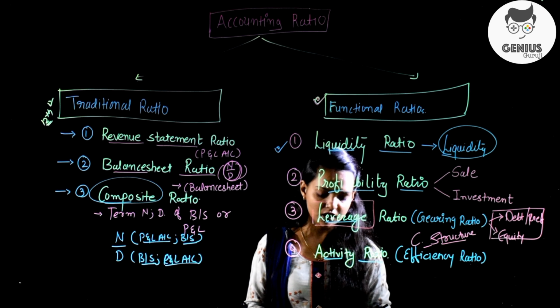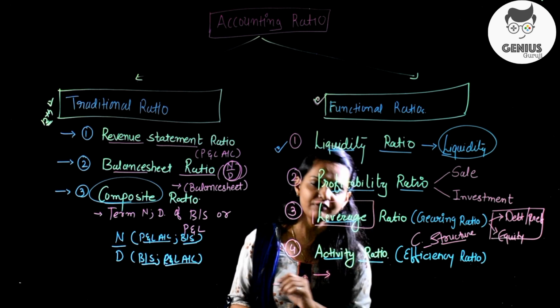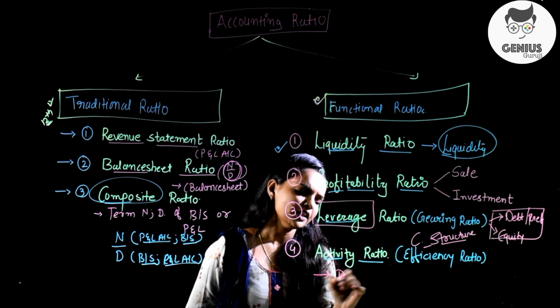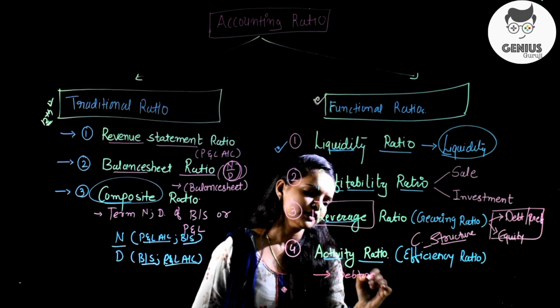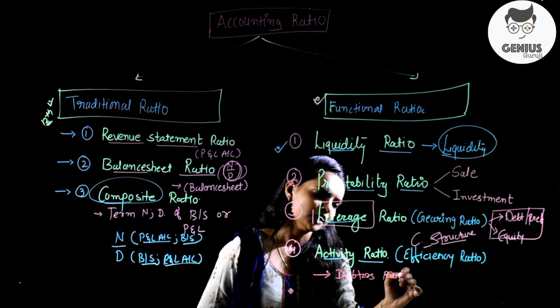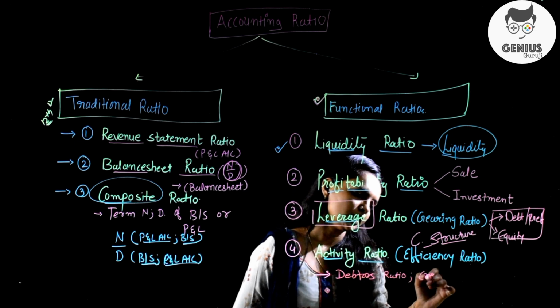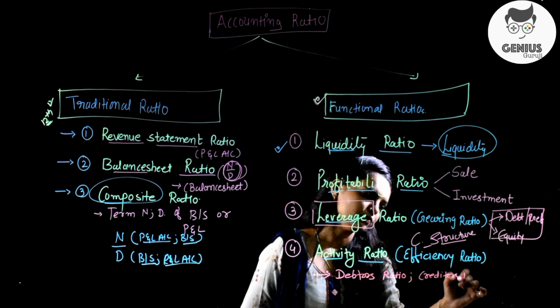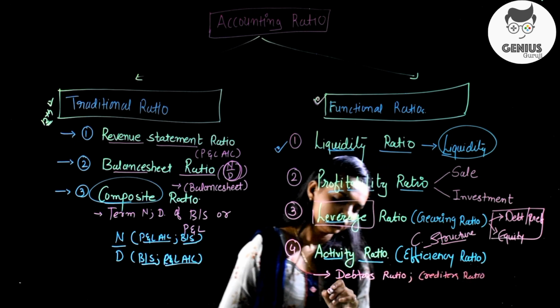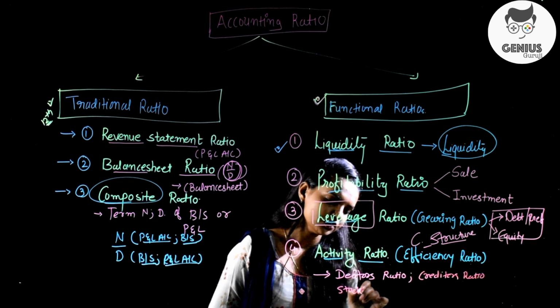After that, the last one is efficiency ratio. In that, debtors ratio is calculated, or you can say creditors ratio, stock turnover ratio.